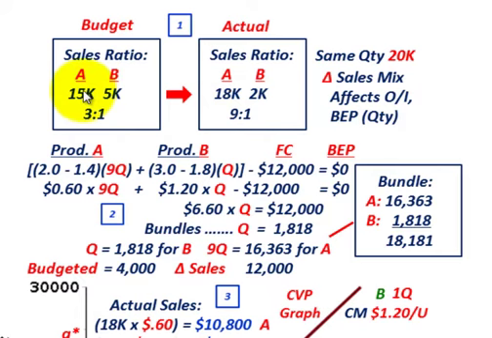And for A, we were budgeted to sell 15,000 and actually sold 18,000. So A has increased, and B has gone down.